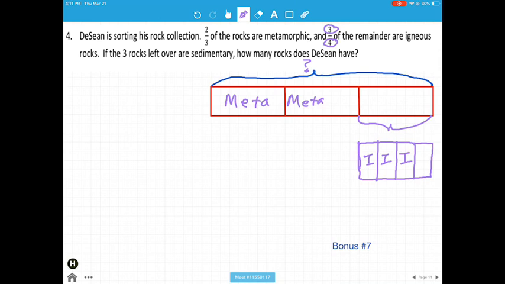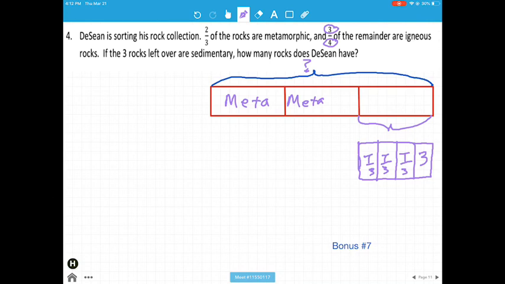If the 3 rocks left over are sedimentary, how many rocks does Dishin have? So it's saying that this is 3. So the leftovers are sedimentary, and it's 3. So if you look, there's 3 here, and 3 here.